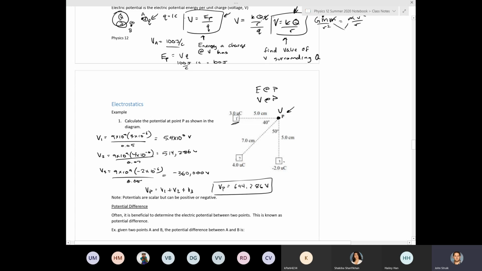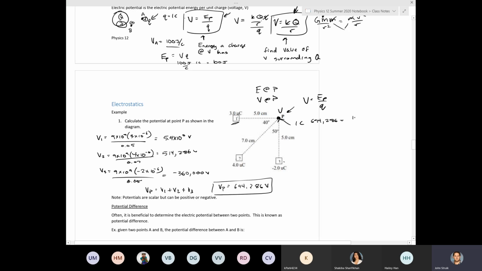Obviously, I'm talking about really, really small charges here. If you placed a charge of 1 coulomb at P, that 1 coulomb would have 694,286 joules of energy. That's what we mean when we do V equals EP per Q. I found the value of V at that point, it's 694,286 volts.